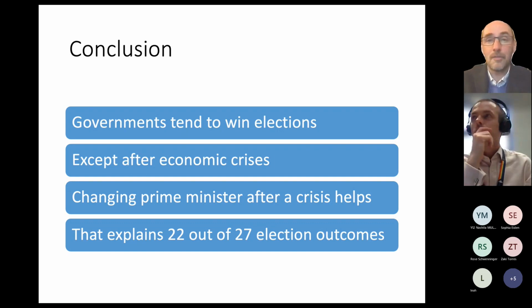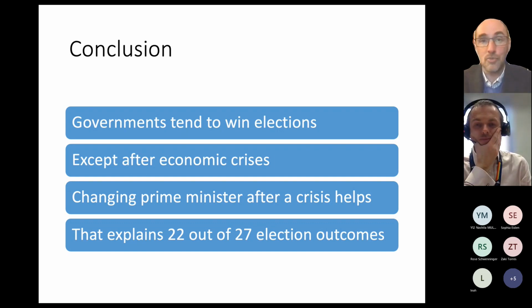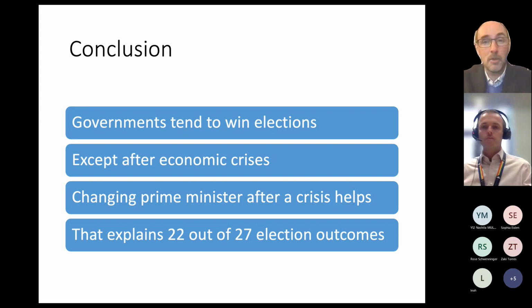And it does feel a lot of the time as though the media is really important, and maybe things are changing, particularly with social media. But at the moment, I would say that big picture, probably more fundamental factors are much more important than the media.